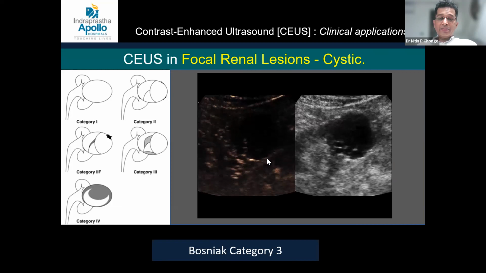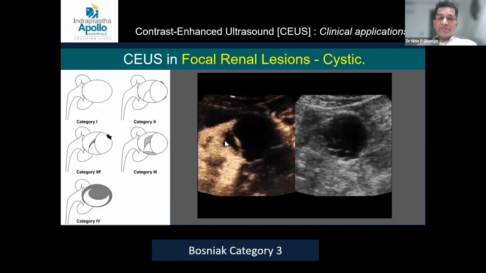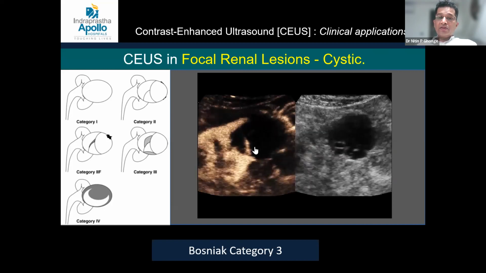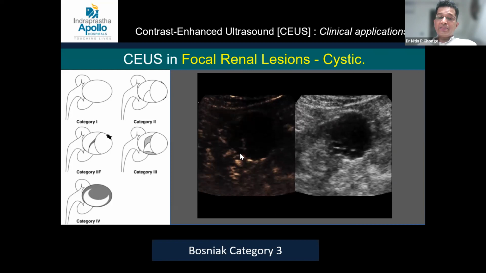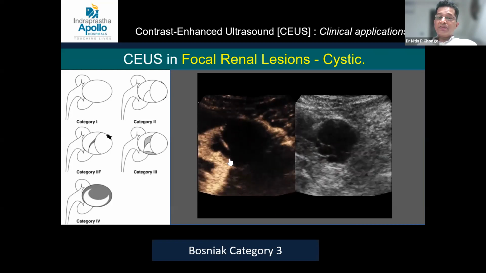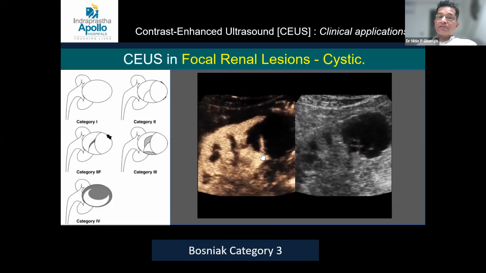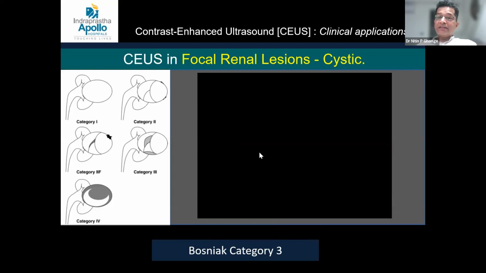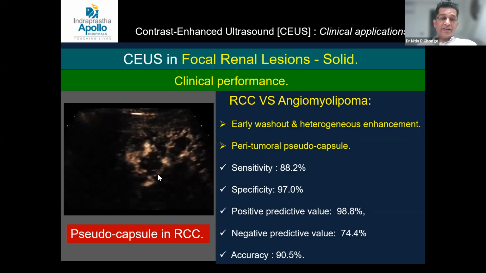This is another example of a Bosniak category 3 lesion, where you can see significant enhancement along the wall and along the septation inside the cystic lesion. So this is important information to decide the Bosniak category of a cystic lesion with the use of this contrast, which is absolutely safe despite abnormal creatinine values.